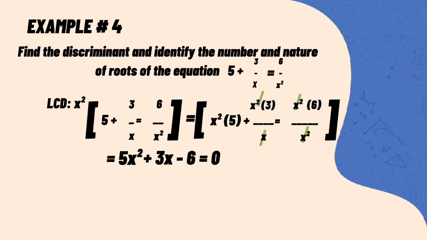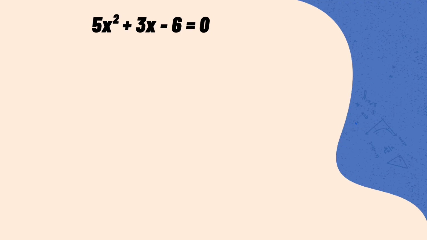Arranging the equation in standard form, we have 5x squared plus 3x minus 6 is equals to 0. Now, we can obtain the values of a, b, and c. For the value of a, we have 5, b is 3, and c is negative 6.